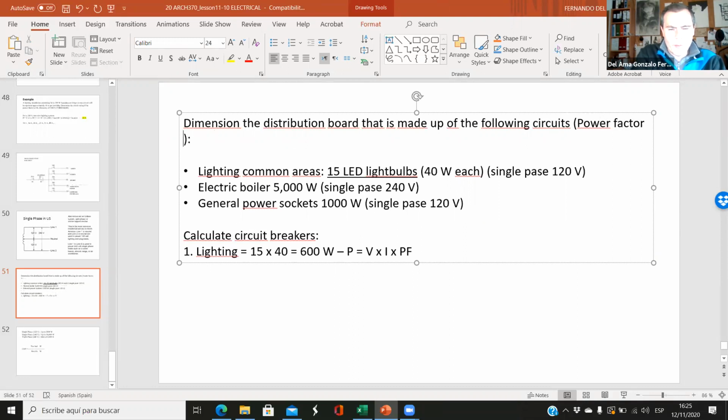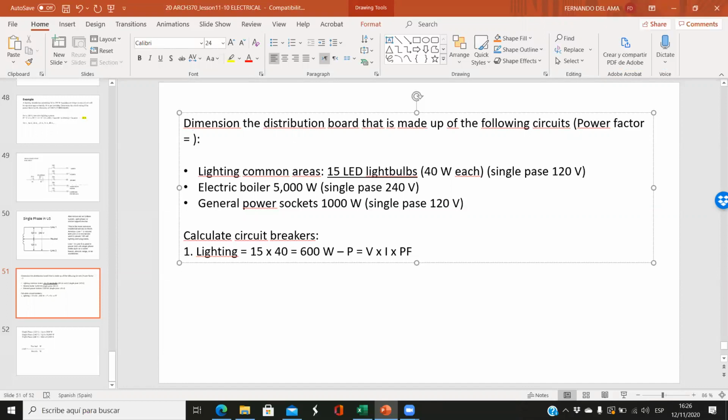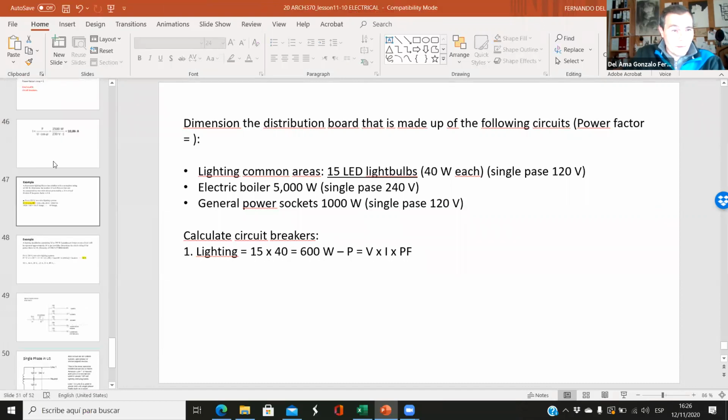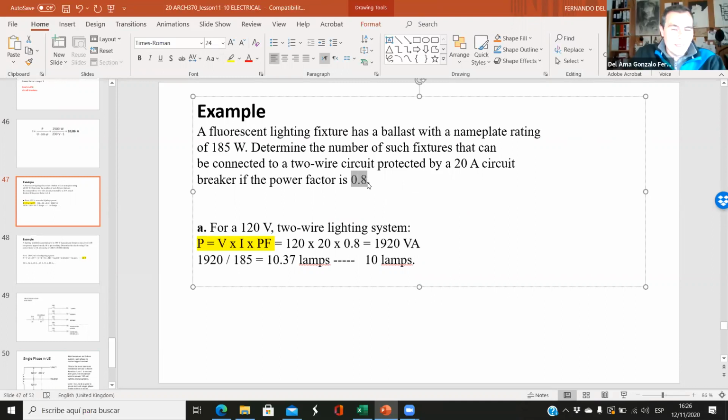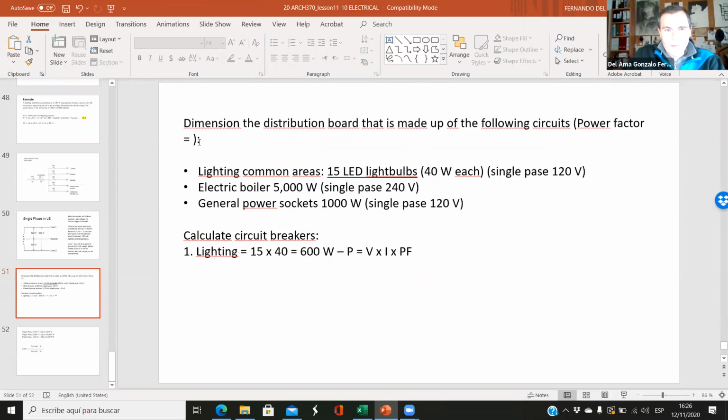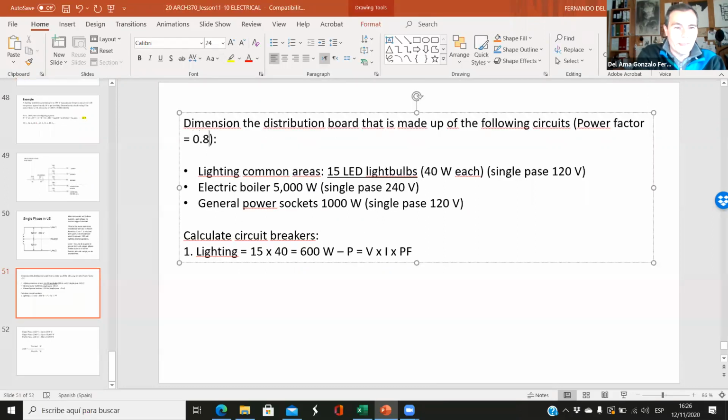What was a typical value of a power factor? Does someone remember? The lesson is posted there, and the power factor is usually between 0.8 and 0.9. So let's say that the power factor is around 0.8.